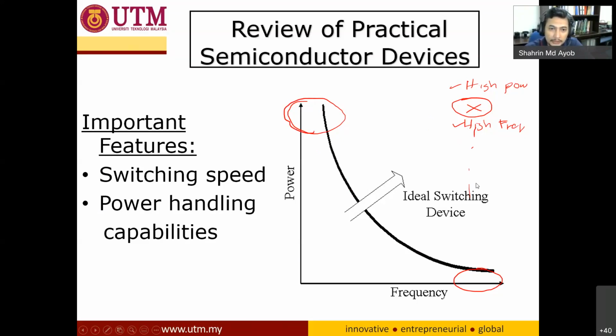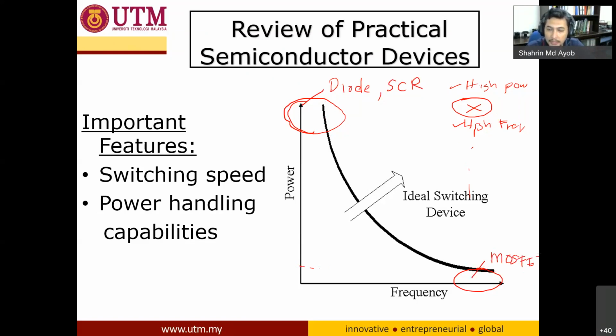Let me give an example. The devices that can handle high power but at very low switching frequency are the diode and also the SCR. The device that can be switched at very high switching frequency, but is limited in power, is the transistor MOSFET.